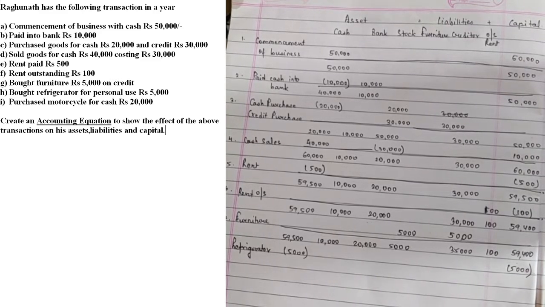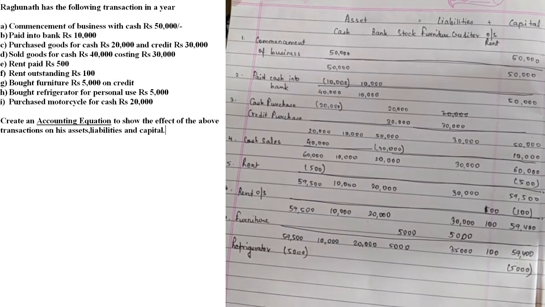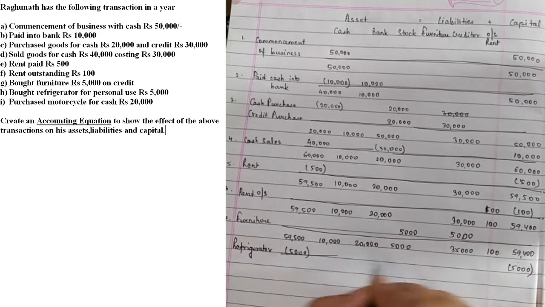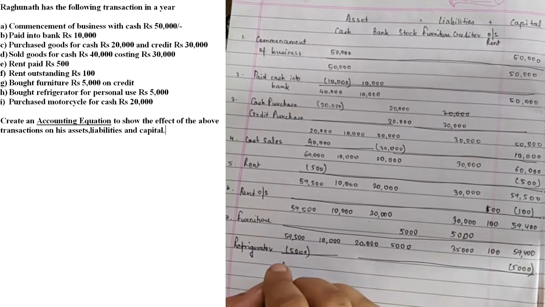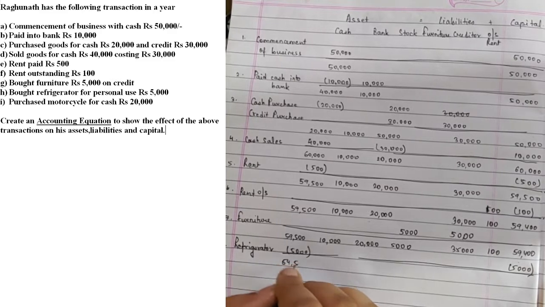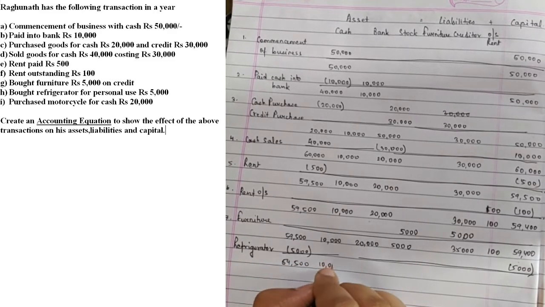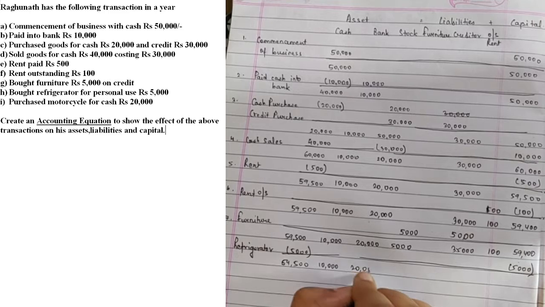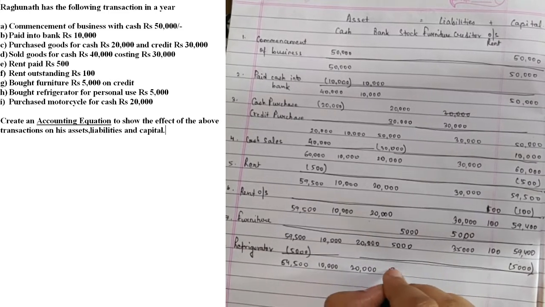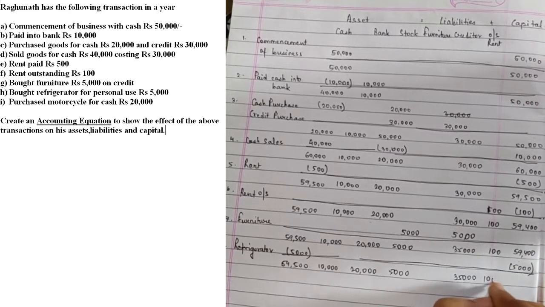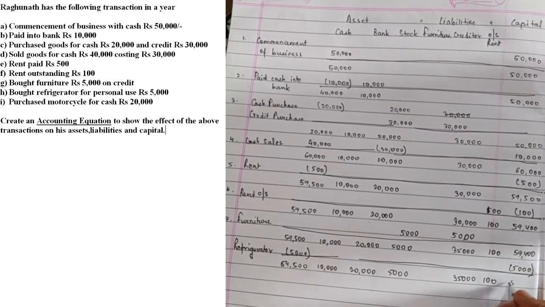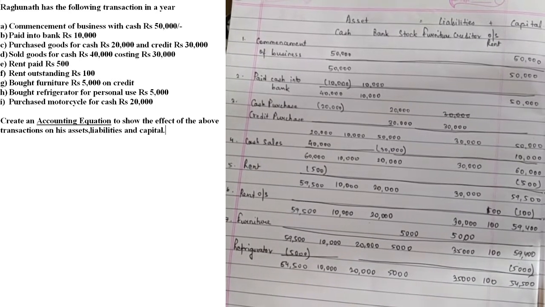So my capital will get reduced by 5,000 rupees. Therefore, the balances now stand at 54,500 cash, 10,000 bank, 20,000 stock, furniture 5,000, creditor 35,000, 100 rupees outstanding rent, and 54,500 of capital.